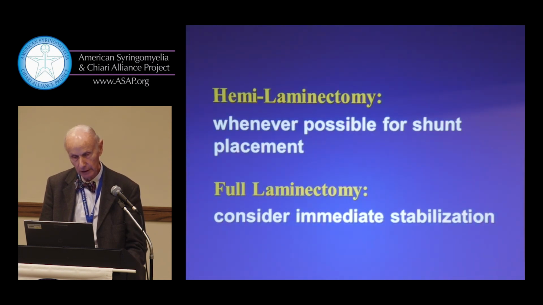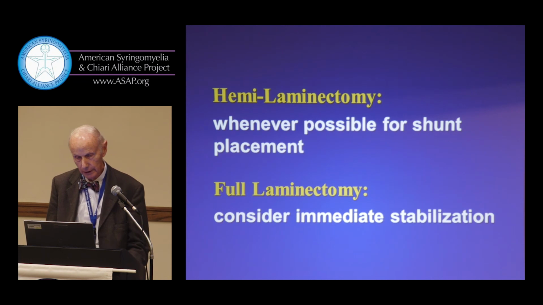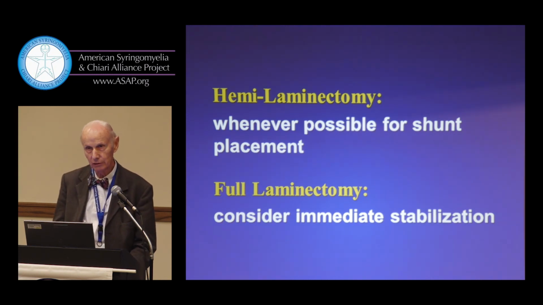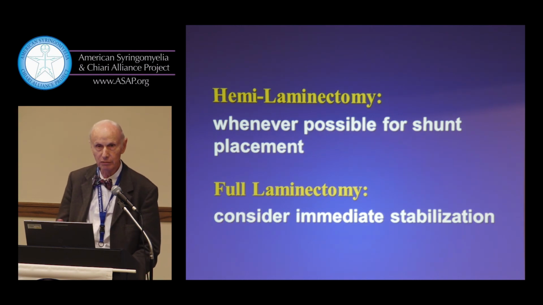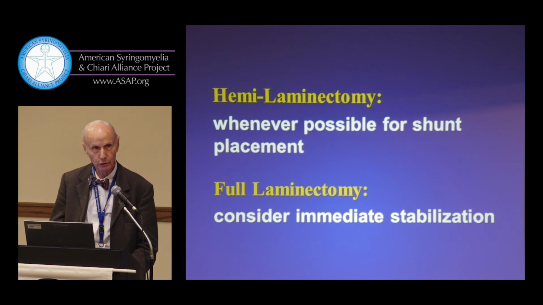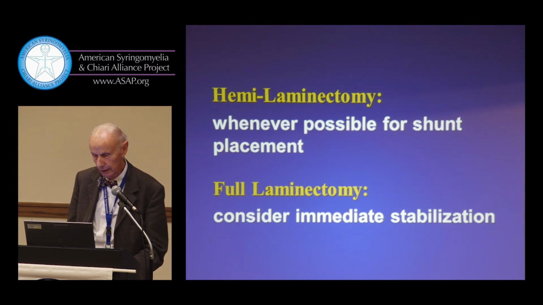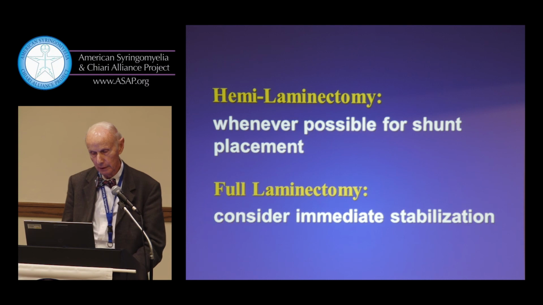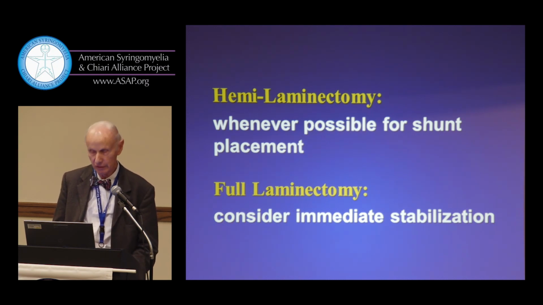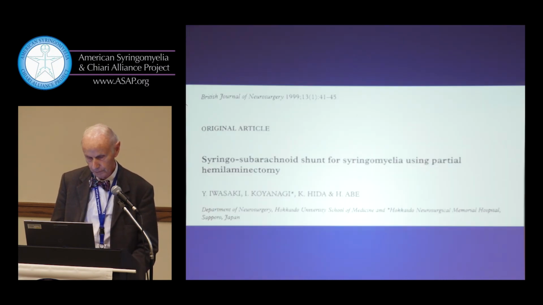When it's done, place the shunt into the subarachnoid space anterior to the dentate ligament through as small an area of bony removal as possible so that you do not destabilize the spine per se in doing it. If you do a full laminectomy in some areas of the spine, this necessitates stabilization.